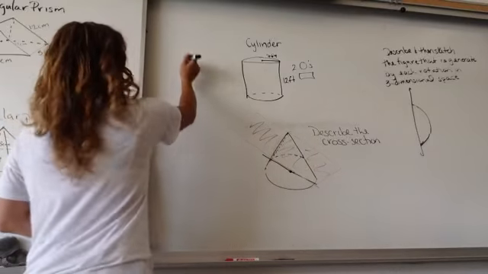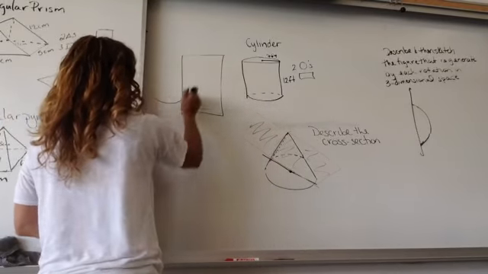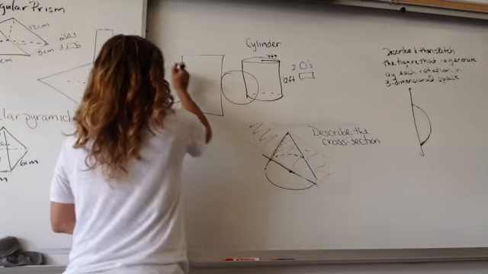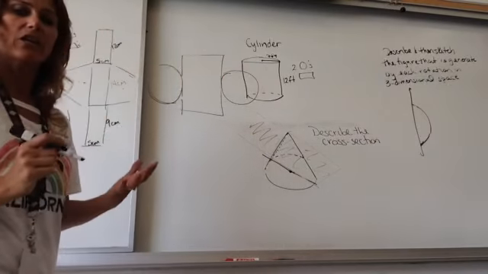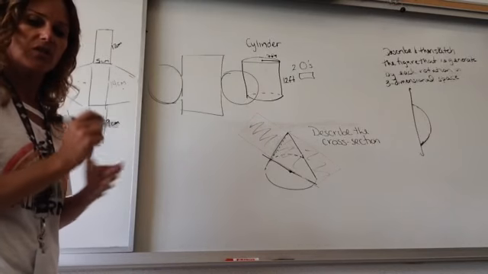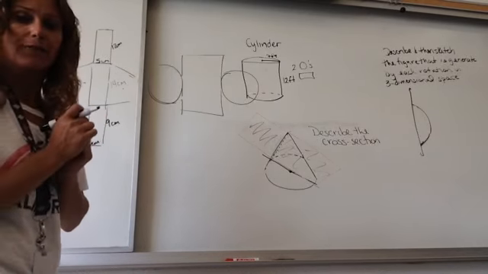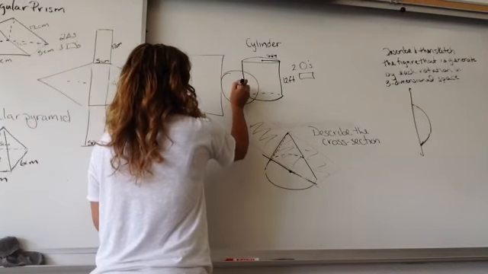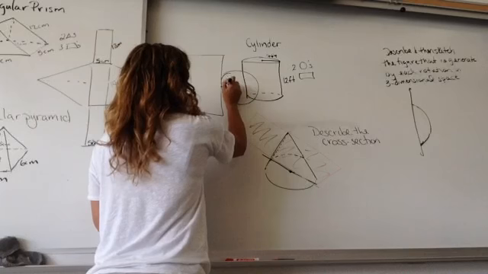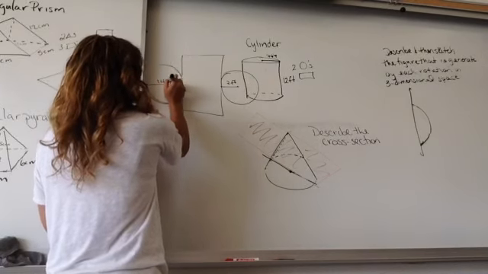So I'm going to draw my rectangle in the middle, my circles on each side. We wouldn't want it to go through. I know that the circles are 7 feet in the radius. That means they're 14 feet in diameter. So if the radius is 7 feet, that means the diameter is 14 feet.